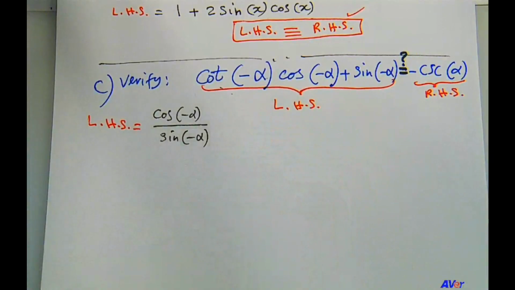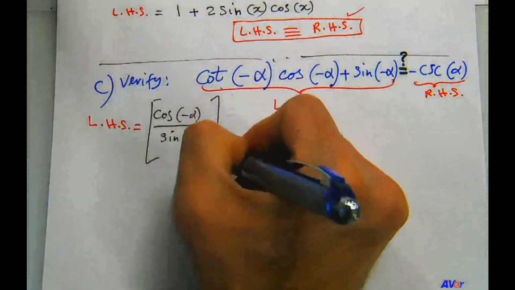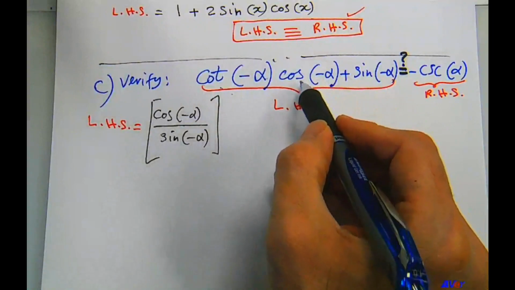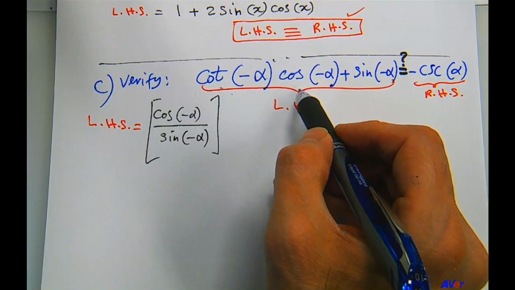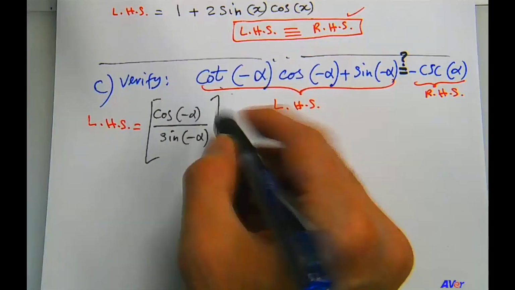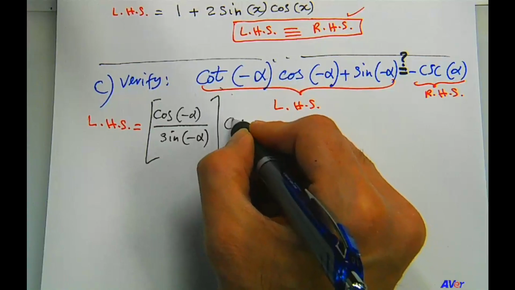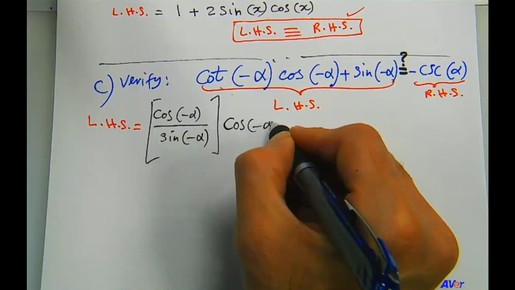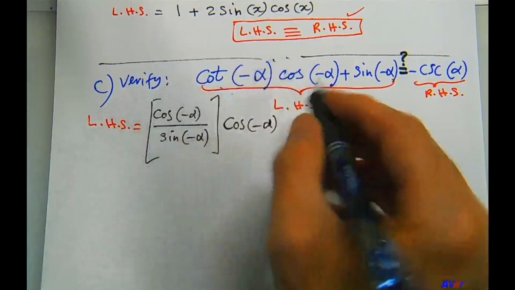So for now, we're going to multiply that by cosine of negative alpha, even though I could write it as cosine of alpha, it's okay for now.